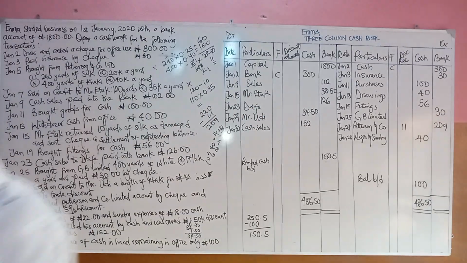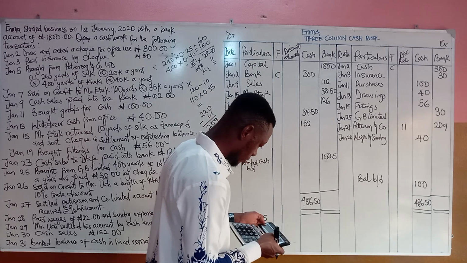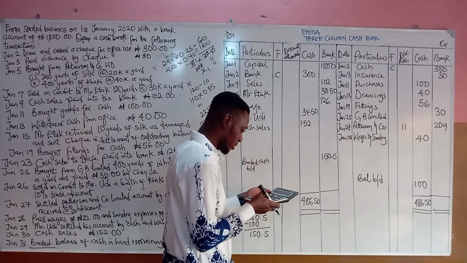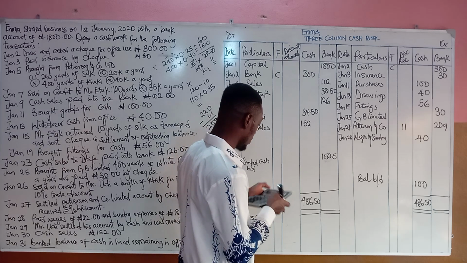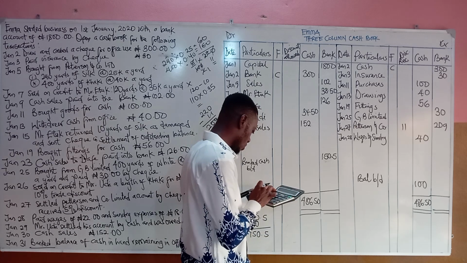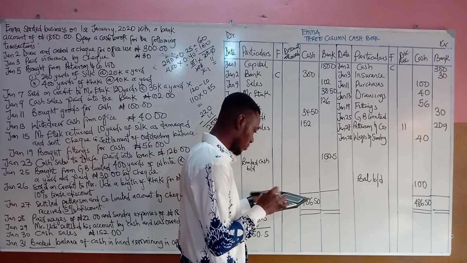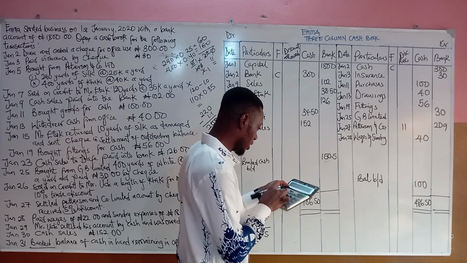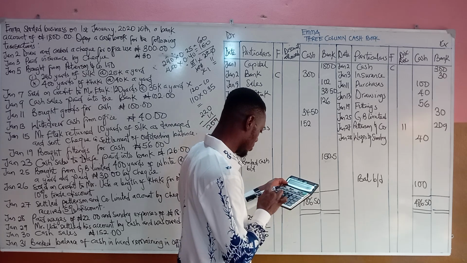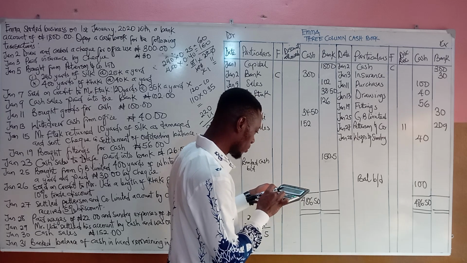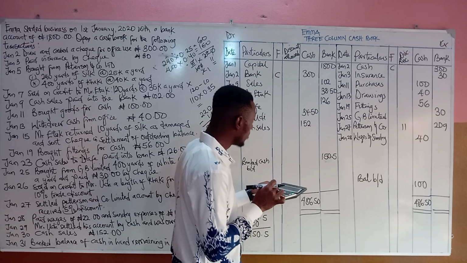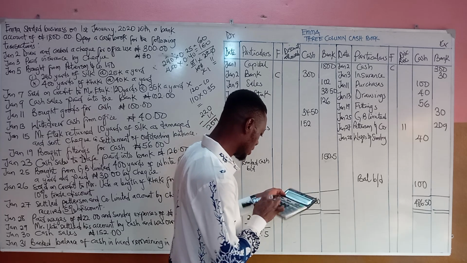We'll take the calculator. Now I have 1,800 plus 102 plus 38.50 plus 126 plus 150.5.